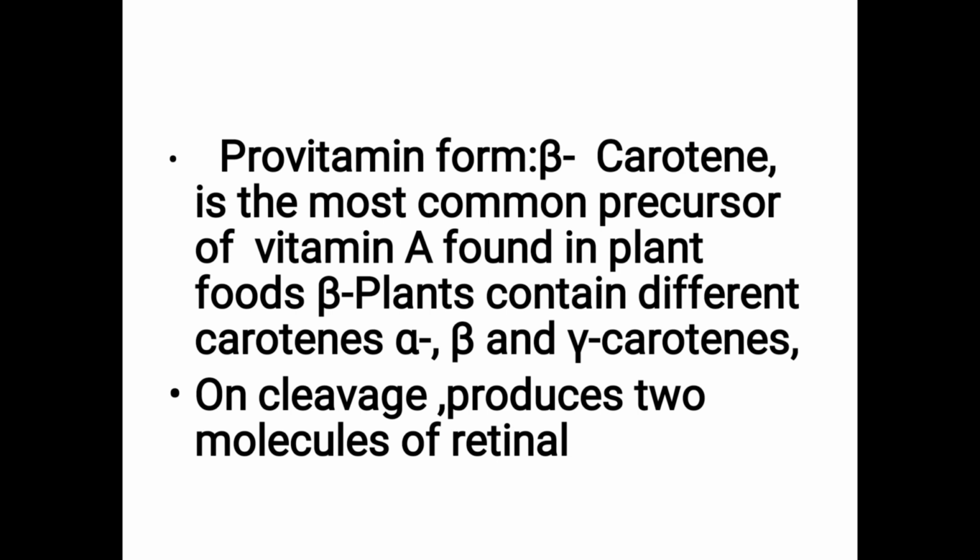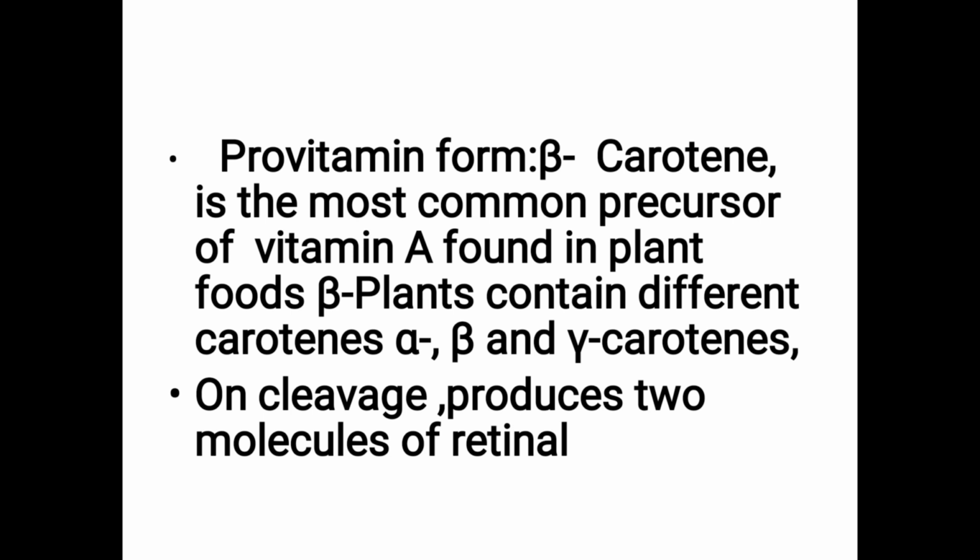There are alpha, beta and gamma carotenes, found in plant food. They are together called carotenes, alpha, beta and gamma mainly. Beta is the main one. Beta carotene is the most common precursor of vitamin A found in plants.